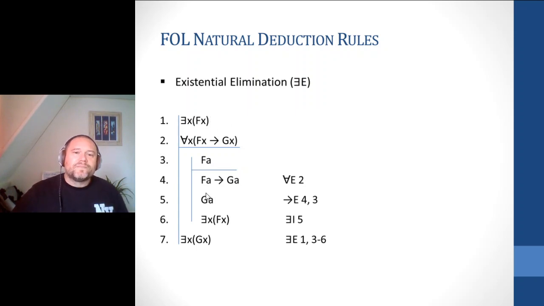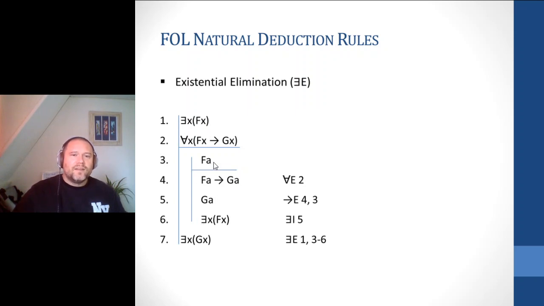And we'll do this by providing a substitution instance for our existential, introducing some arbitrary name, and in this case we just used A. So A could pick out any object in the domain. All we know about it is that A is an F. That's all we really care about. We don't care anything else about it.